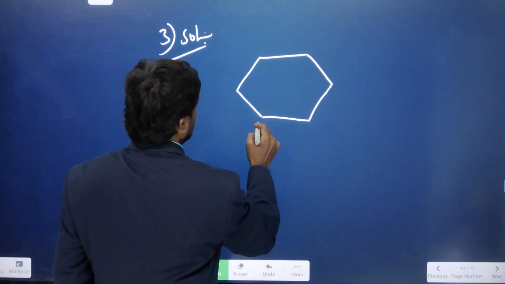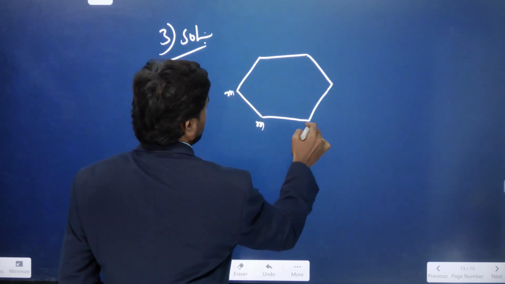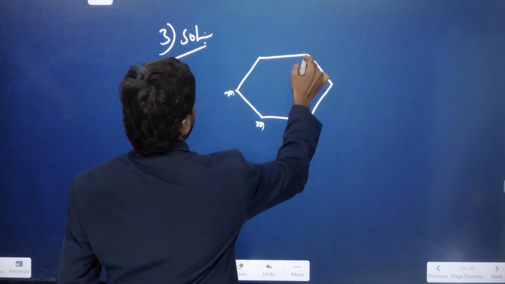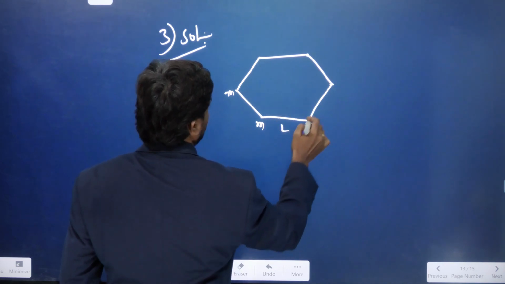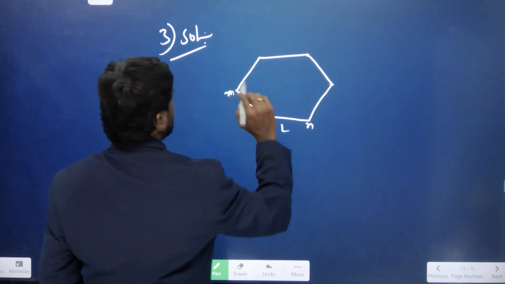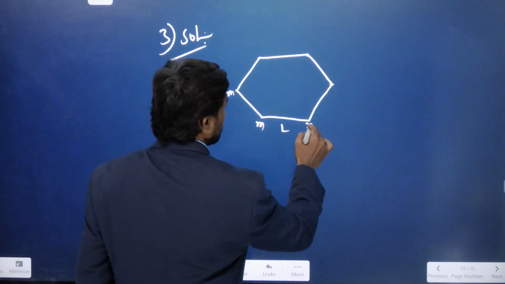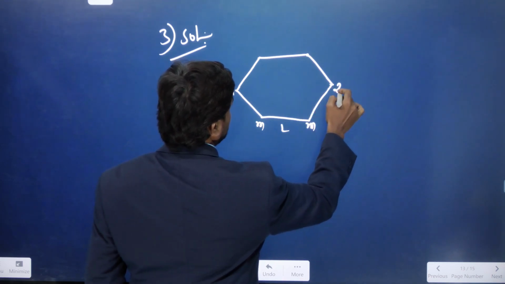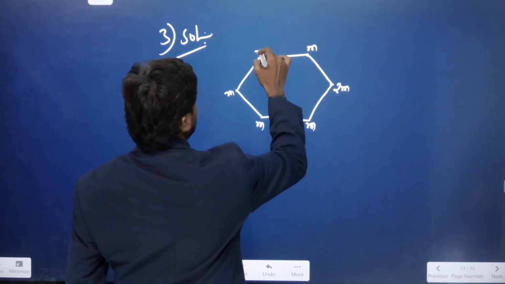Now, let us consider this is m and m at the vertices of this regular hexagon of side L. Each side of the hexagon has length L. So, let us consider 2m mass is placed here, and here m mass and m mass.